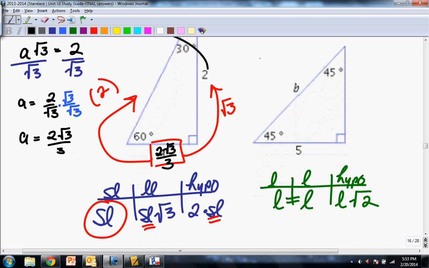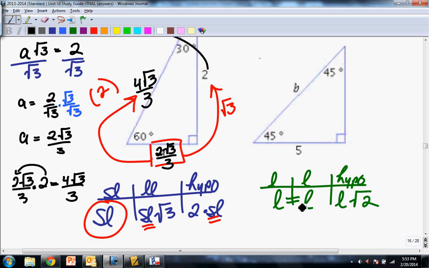And when I go this way, I simply times by 2. So 2 root 3 over 3 times by 2. Only the outies talk to each other, so it's 4 root 3 over 3. Okay, we're done on the left. On the right, we label. We have legs, and a hypo.